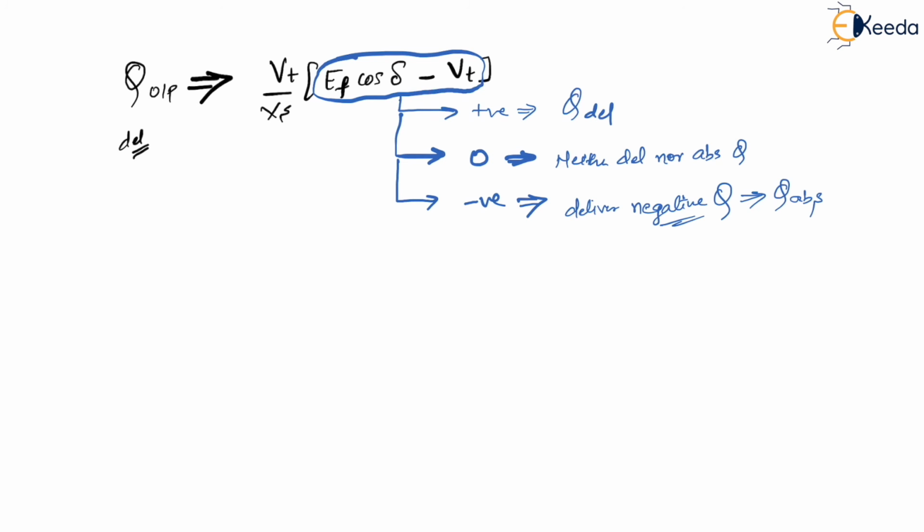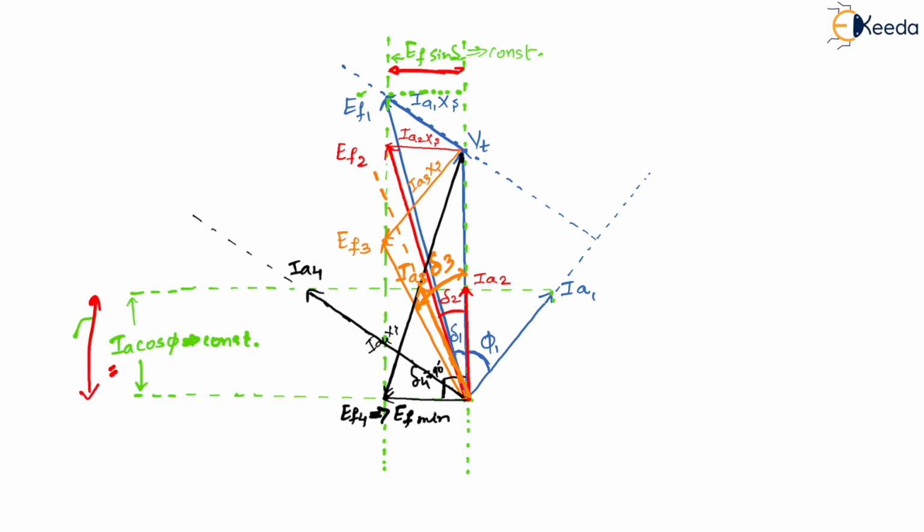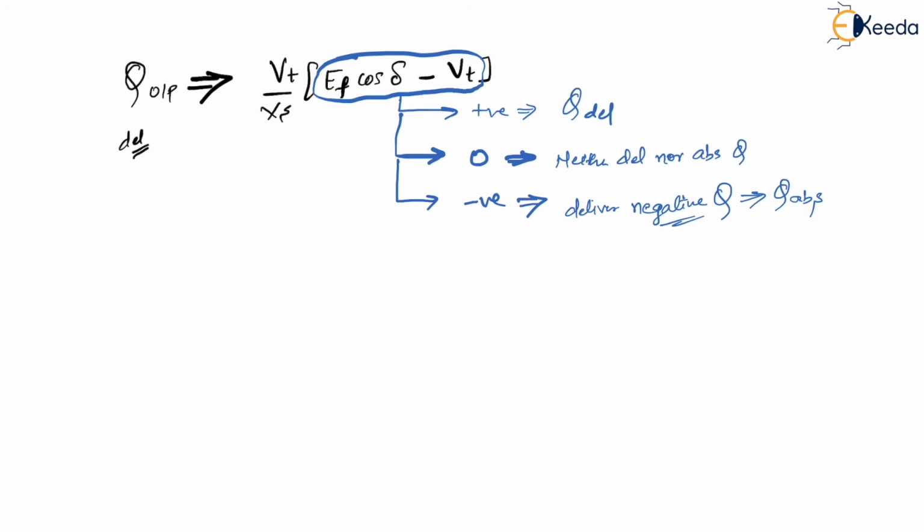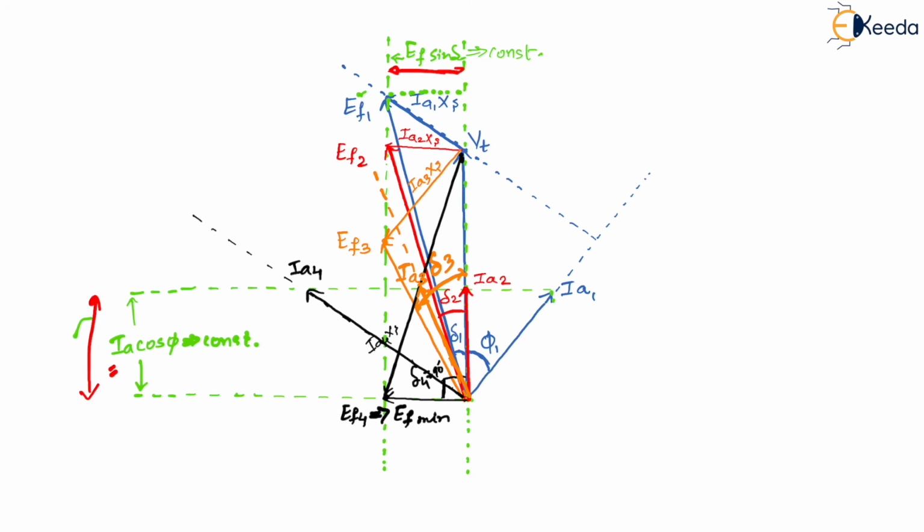Let us try to apply them in our original discussion. What happens in case of EF1? Ef cos delta minus Vt. So let us consider EF1 cos of delta 1. If my EF1 is here, this becomes EF1 cos delta 1.